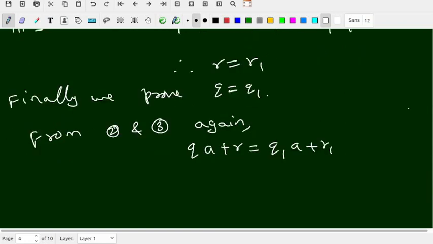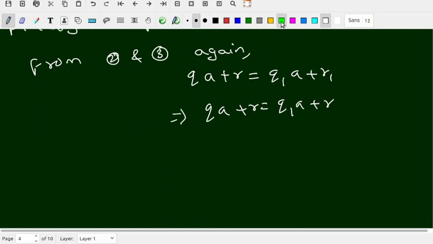We have proved that r equal to r1, so we can cancel r from this. Since r equal to r1, r1 is replaced by r. So cancel this r with this, and we have qa equal to q1a. a is greater than 0, which implies that we can cancel a.